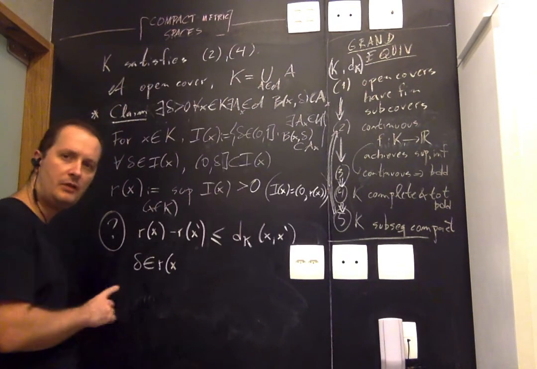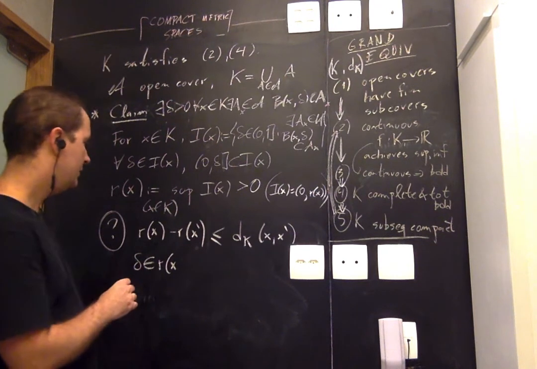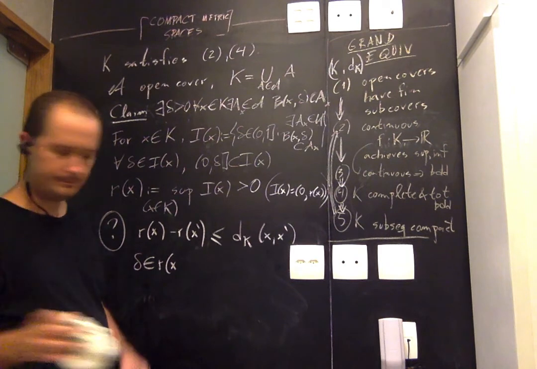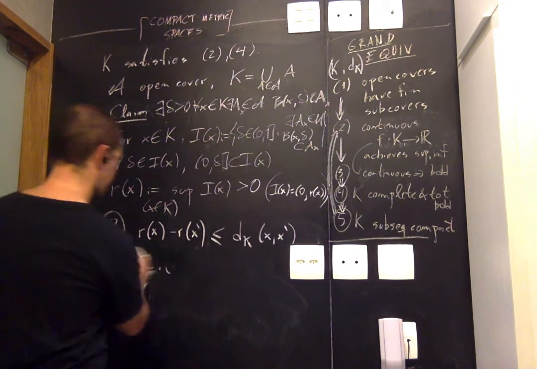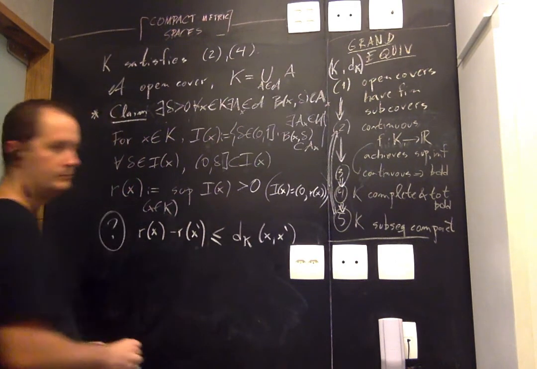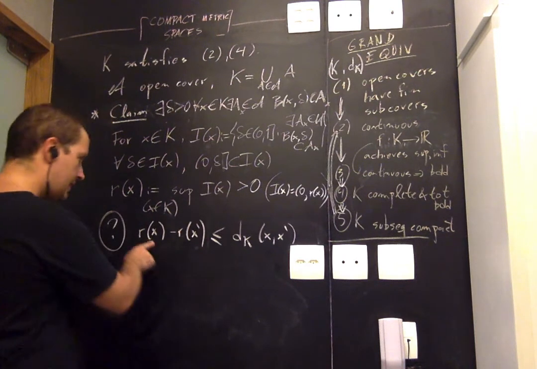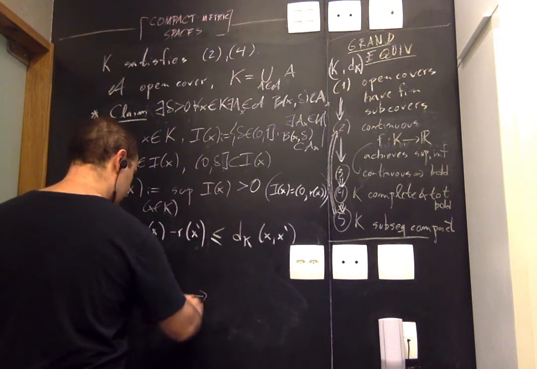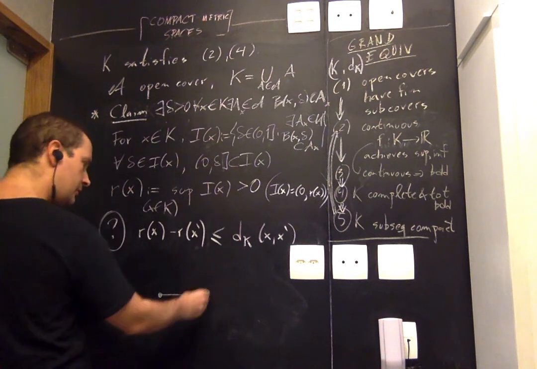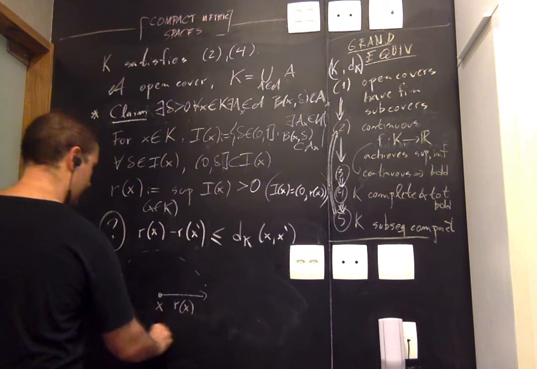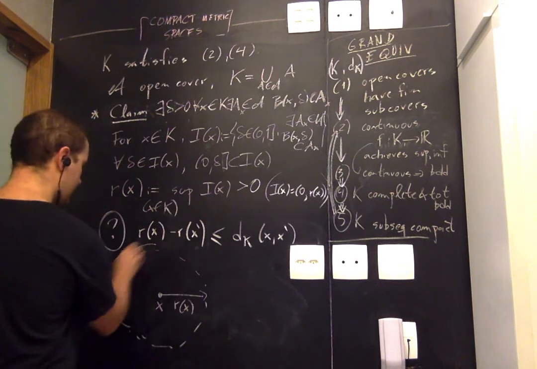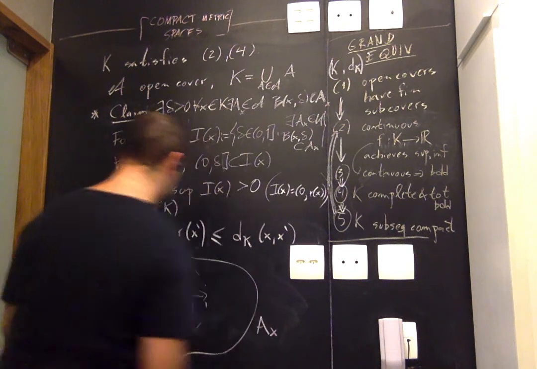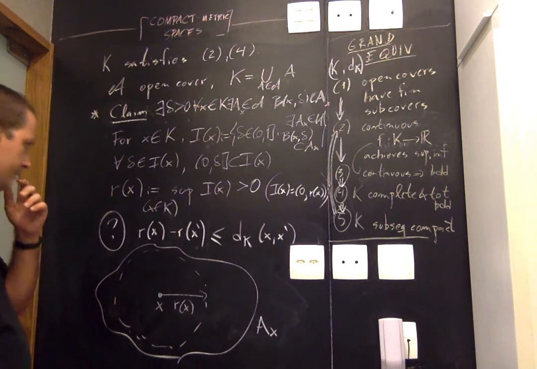Okay, so I'm going to give a geometrical proof of this fact. I'm not going to write down this inequality here. Here's what I'm going to do. Take x, and this radius r of x, and we know that there's this ball around x that's entirely contained in the set A sub x, right?